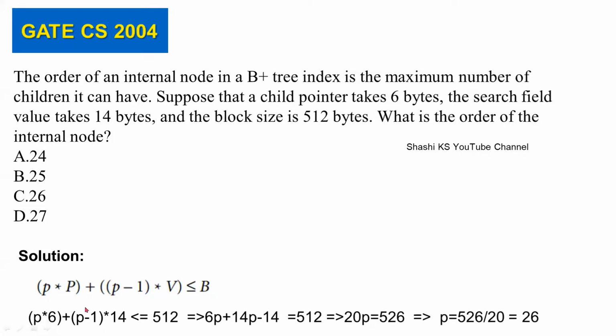So here your block size is 512 bytes and your search key field size is given as 14 bytes. So I have substituted it in the formula, and the child pointer takes 6 bytes. So I have substituted that in the formula. So accordingly we'd be getting 20P is equal to 526. So we'll be getting the value of P as 26. So the option C is the right answer for this question.